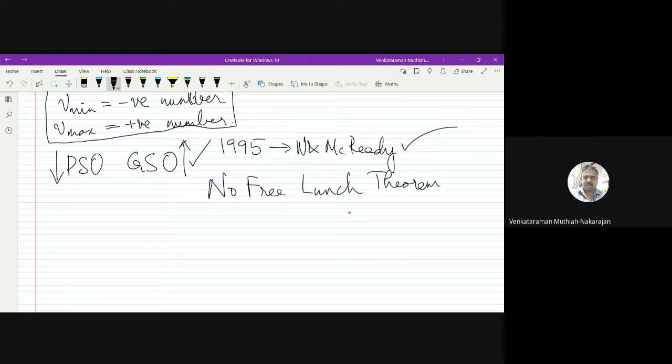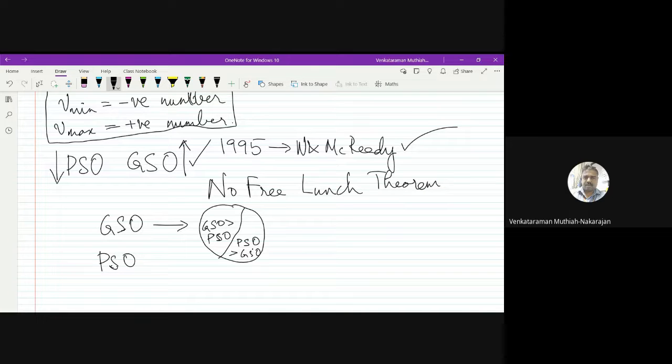What they said is, if you have two algorithms, let us say GSO and PSO in this case, and GSO does well on some subset of function space, imagine all types of functions, then it will turn out that PSO will do better on the remaining category of functions.